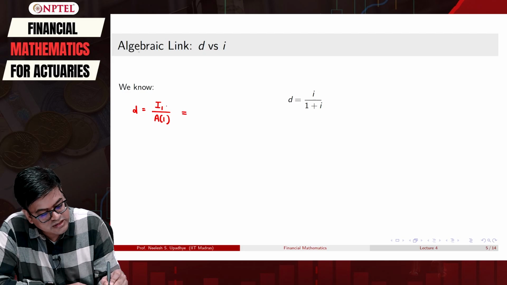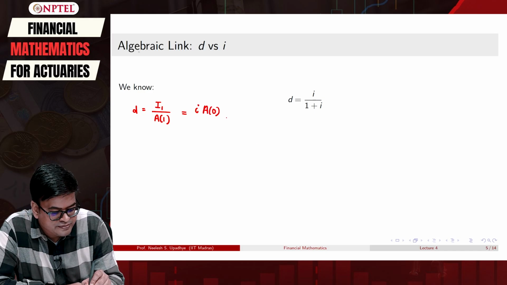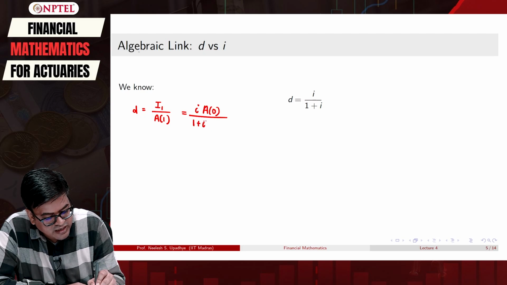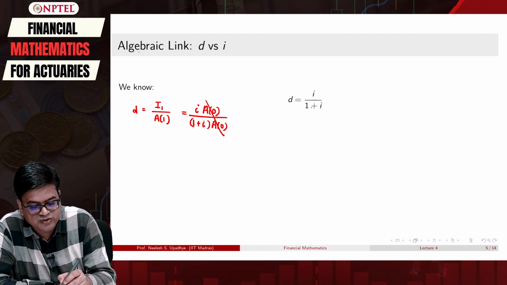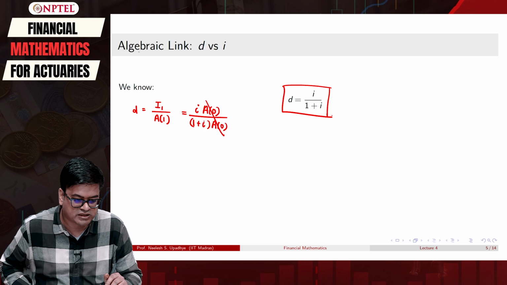We saw that this interest earned was A1 minus A0, but it can also be seen as the interest accumulated on the initial capital. Then we saw A1 is nothing but 1 plus I times A0, and we got rid of the two A0s, and therefore we received a formula which is D is equal to I upon 1 plus I.